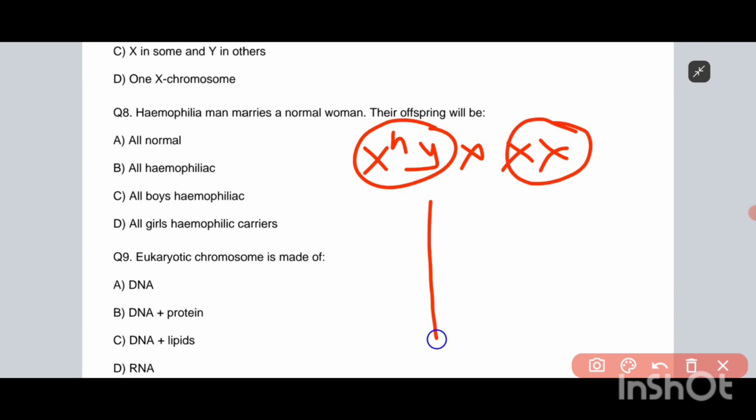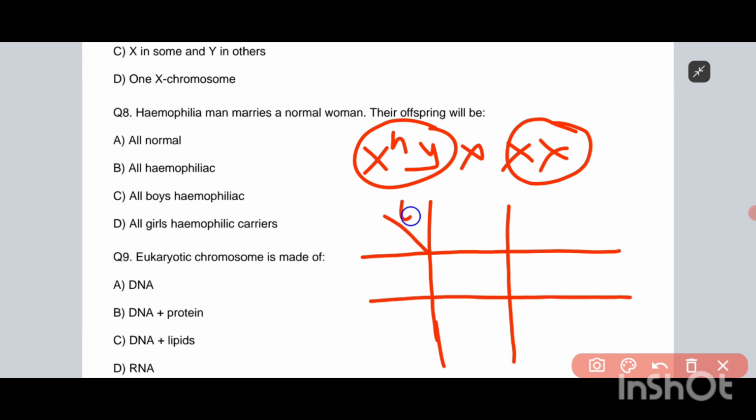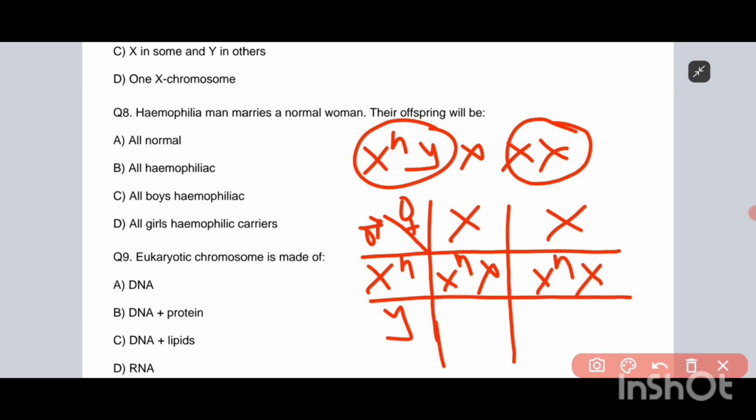So during gamete formation, for male it is X^H and Y only for sex chromosome, and for female it is X and X. So the offspring are X^H X, X^H X, XY and XY.